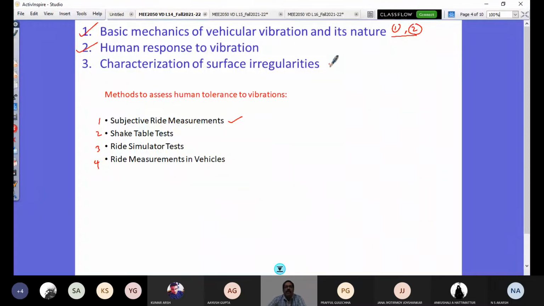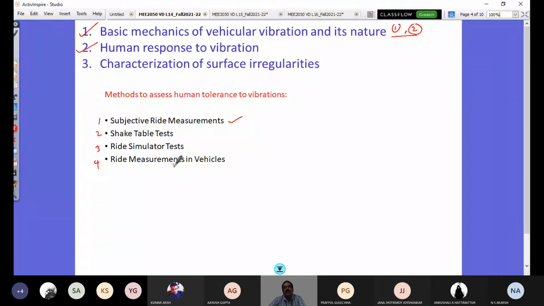So if you look at the human response to vibration, there are many tests that are being carried out. One is a traditional test in any OEM, where they conduct subjective ride measurements. And then they would also have some laboratory experiments on shake tables or ride simulator tests, or they go to the test track with the vehicle with the necessary sensors mounted in it, and then they do a real-time ride measurement in the vehicle.